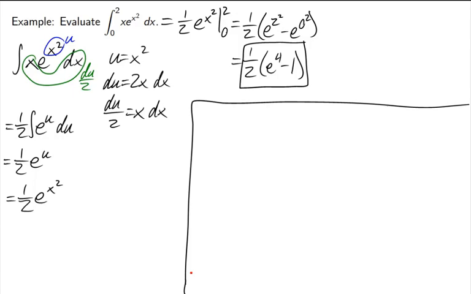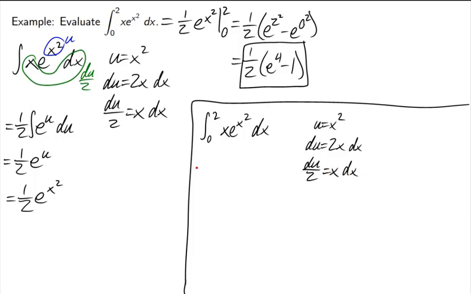What you could do, if you're starting with the original integral, you've got x e to the x squared dx, and I'm going to use the same u-substitution. u equals x squared, du equals 2x dx, and du over 2 equals x dx.